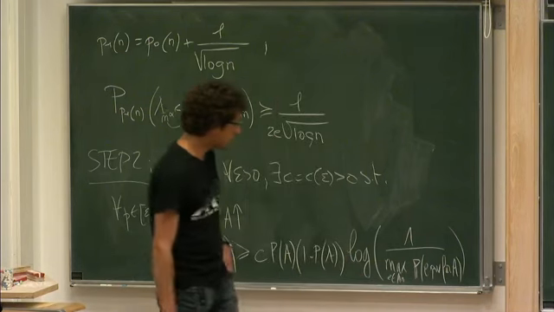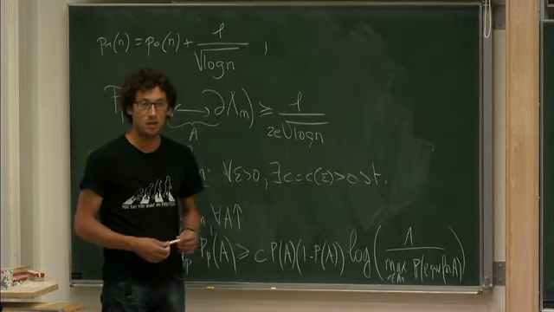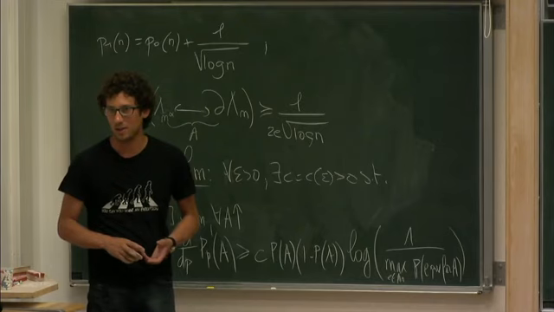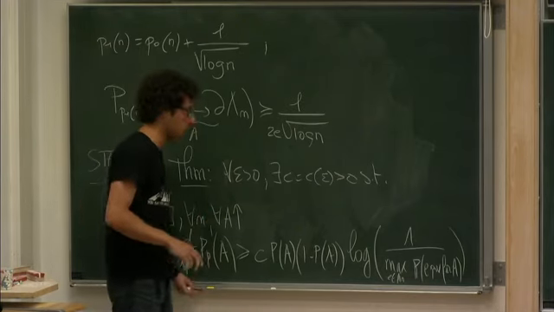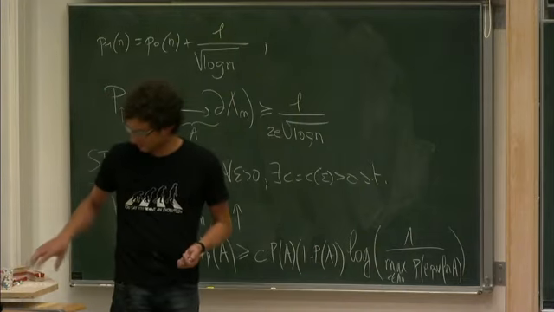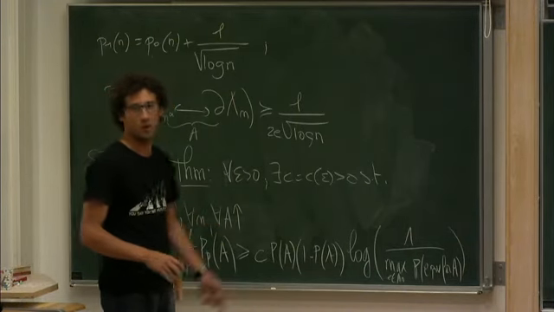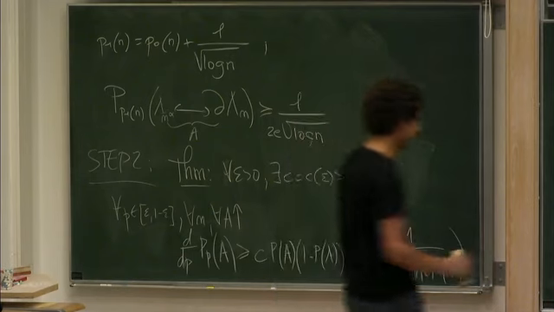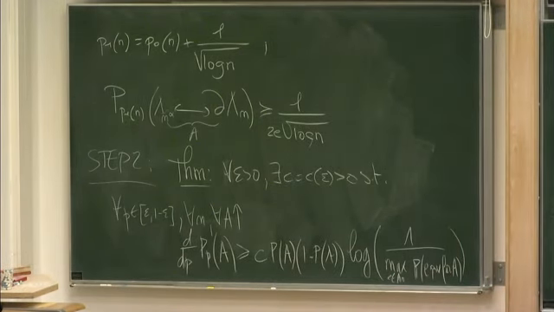So if you never saw what this E pivotal means, I'm not going to explain it to you. I'm lazy to rewrite it, but anyway, you probably already heard of Russo's formula, which is telling you that the derivative of the probability of the event is in fact equal to the expected number of pivotal points.